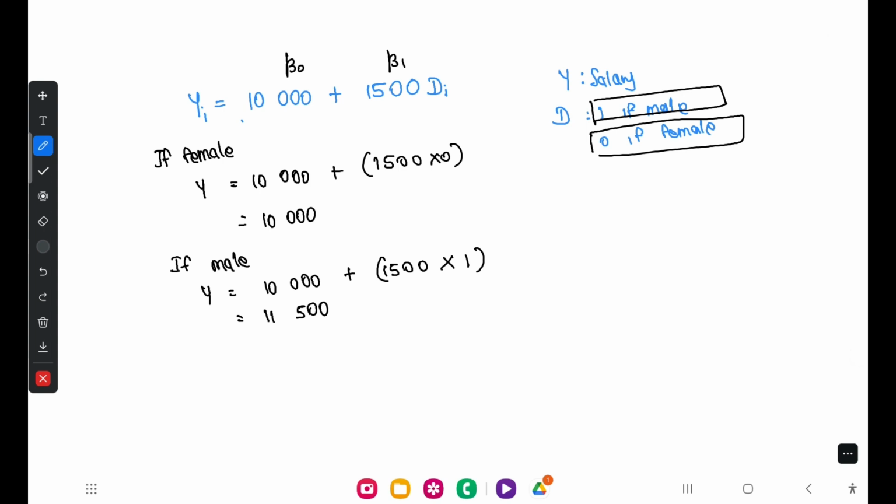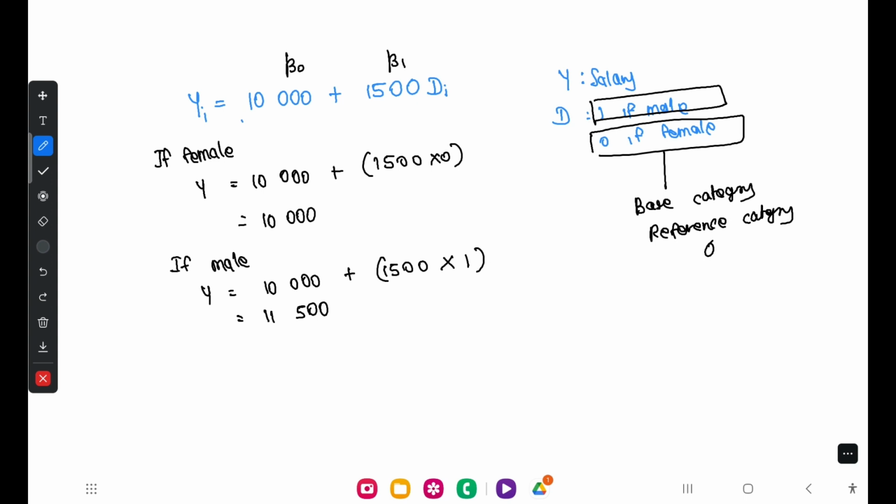Base category is what we refer to as the reference category, which means whatever the variable which we consider as 0. Here our 0 we have applied to females, so that becomes the reference category. So the intercept represents the value of the reference category, that is the wages or salary received by females.